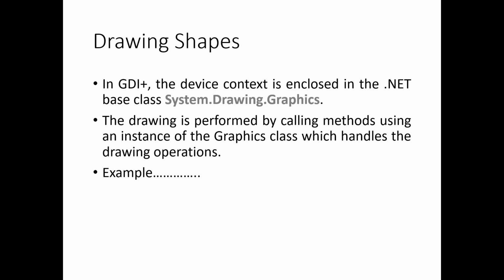So if we want to create some shapes or graphics on a Windows form, we have to use an object of the Graphics class, and using that object we call methods of that class to do the drawing operations. Let's see some examples of drawing shapes on a Windows form.